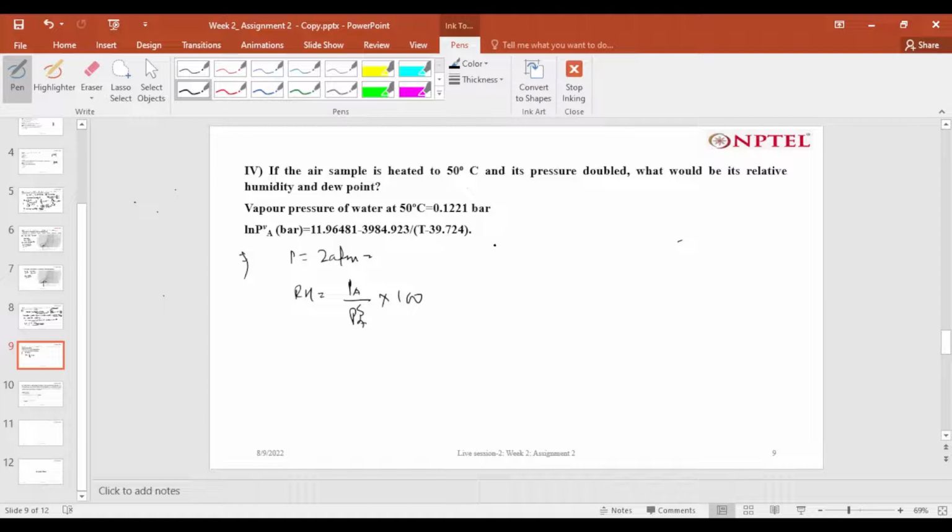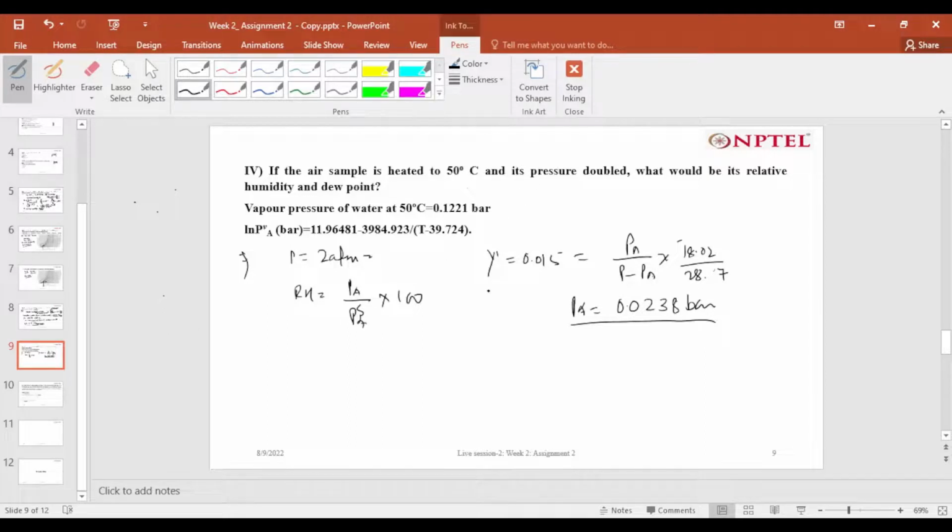To calculate the partial pressure, the humidity is given, 0.015 equal to the expression. All of you got this one.